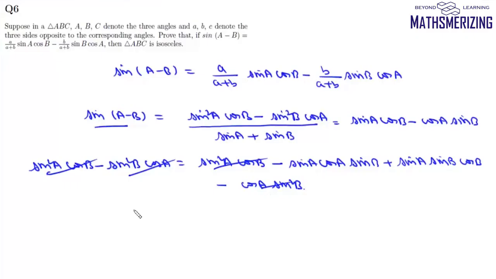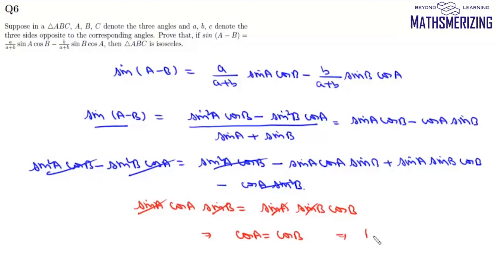So we'll get sin A cos A sin B equal to sin A sin B cos B. Now we can cancel sin A and we can also cancel sin B. So from here we'll get cos A equals cos B, that is angle A must be equal to angle B. That is, this triangle ABC is an isosceles triangle.